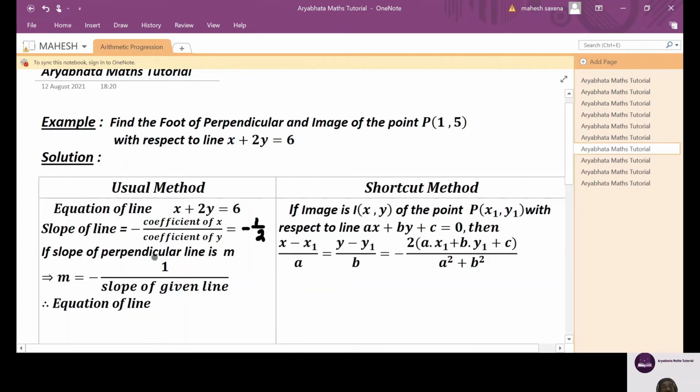The slope of the perpendicular line is m, which is equal to minus 1 upon the slope of the given line, therefore minus 1 upon minus 1 upon 2, that is equal to 2.